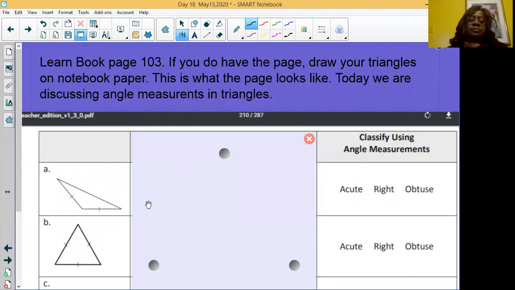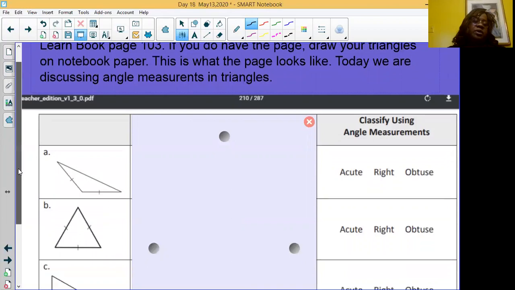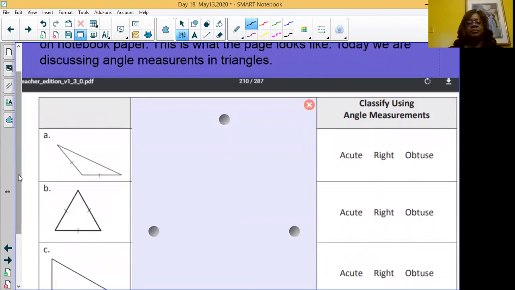So today we're going to be talking about the angles again of some triangles. So let's look at 1A. 1A is the problem that I will do. And I'm going to look at this particular triangle. Here I have an angle right here. Then I have an angle right here. Let me draw these so you can see it.